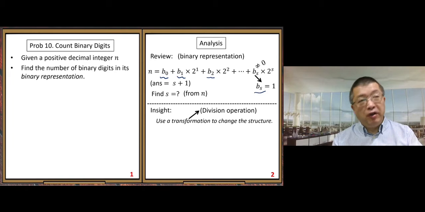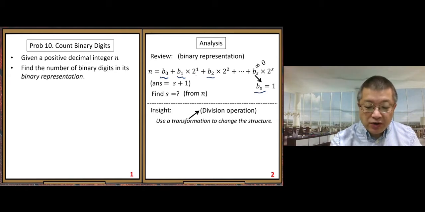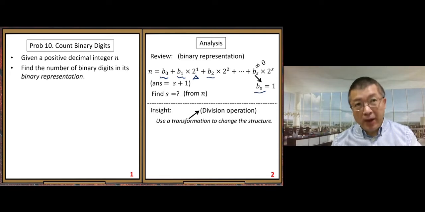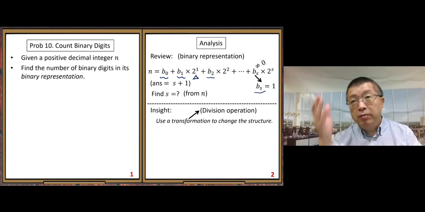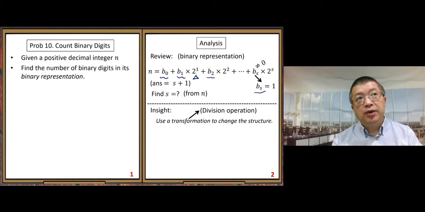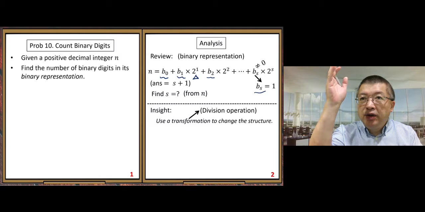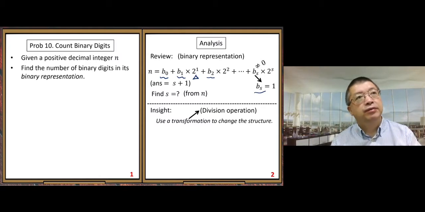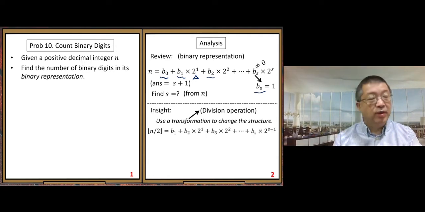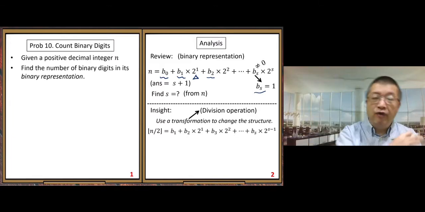All right. Division operation. Because here you can see we use base 2. The base of the representation is 2. So here we like to do division by 2. Both sides divided by 2, but the left-hand side may not be an integer, so we take the floor function.